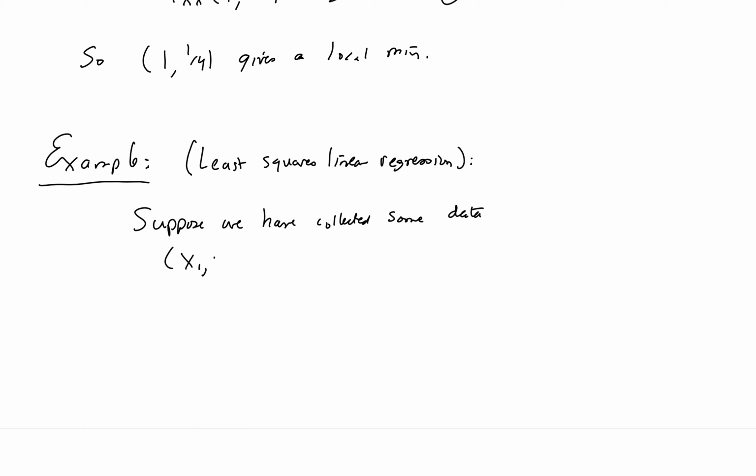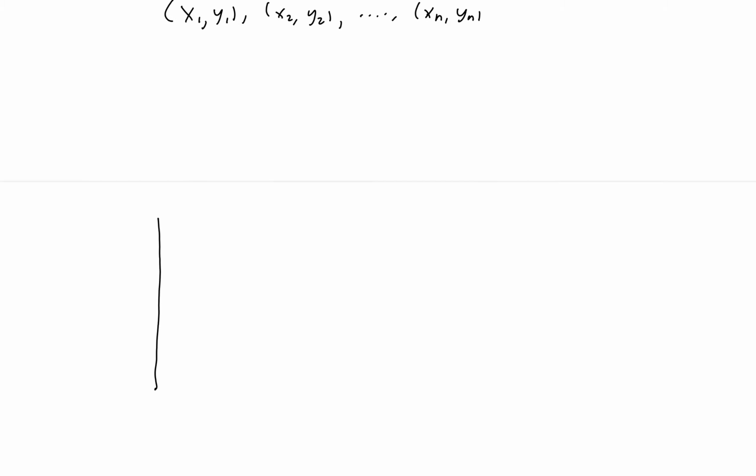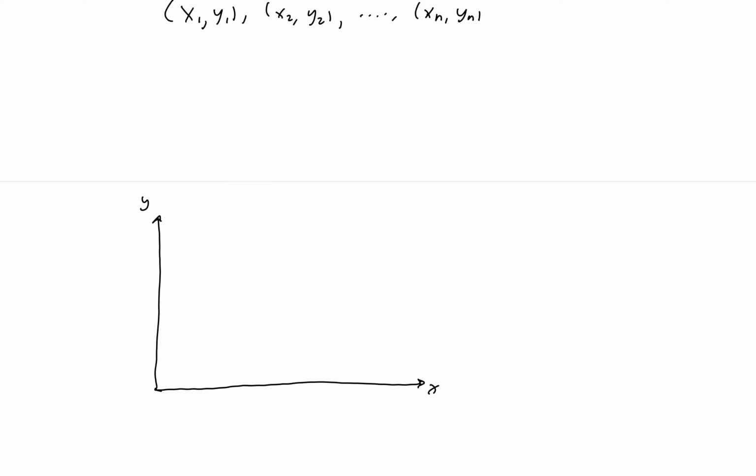Right, so we have some points of data here for something we're looking at. And if we graph this data in the xy plane, maybe we have some points like this, and these are our data.